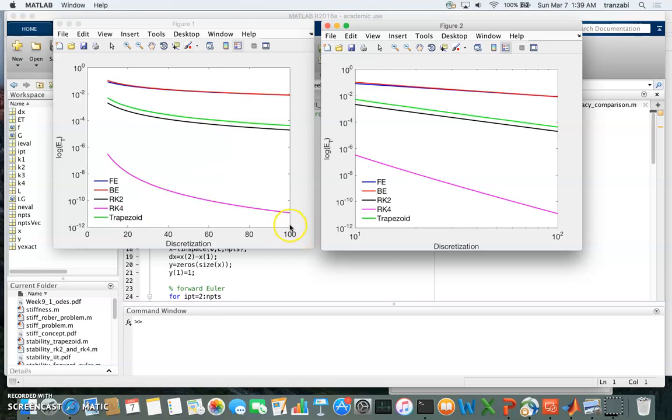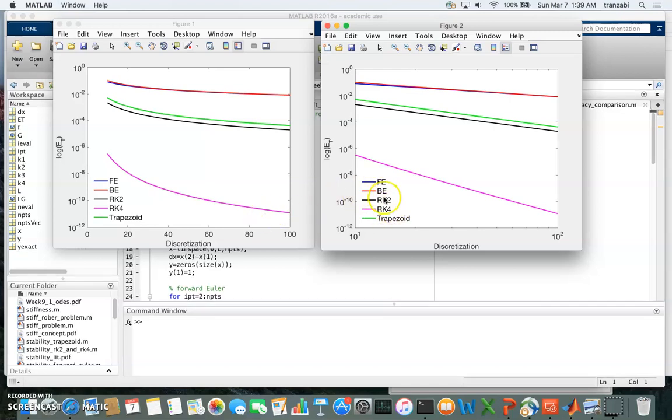And for this point, let's say the domain is from 0 to 1, then delta x is going to be 1 divided by 100, because we have 100 points, or 100 intervals.